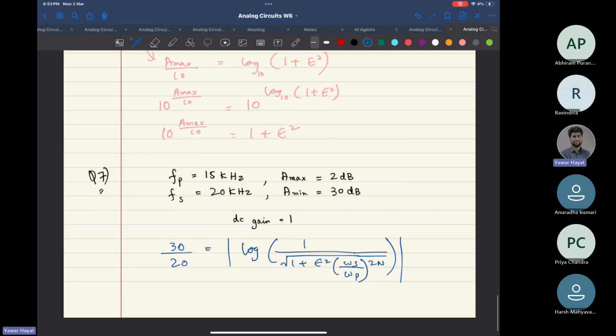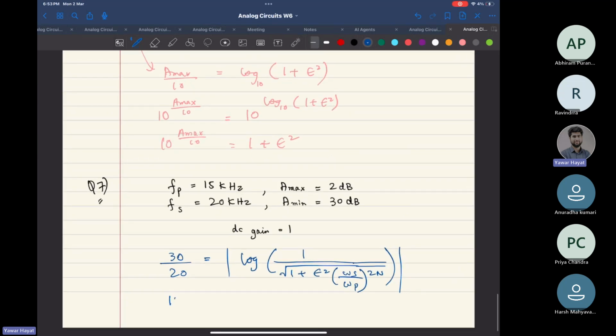So if I simplify this, can I write this as 10 to the power 2 minus 1 by epsilon square, 20 by 15 raised to the power 2n? Can I write this?